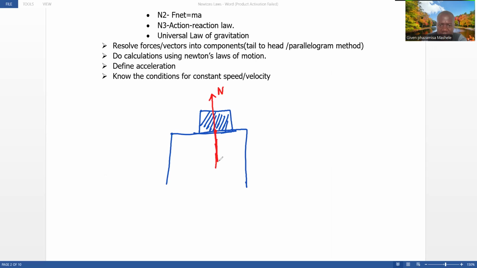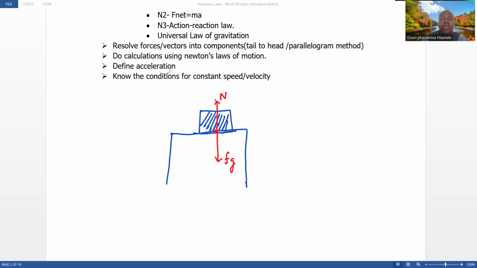Here they're balanced. So they're balanced now. One is vertical up and one is vertical down. So this is the force of gravity and this is the normal. They are balanced.